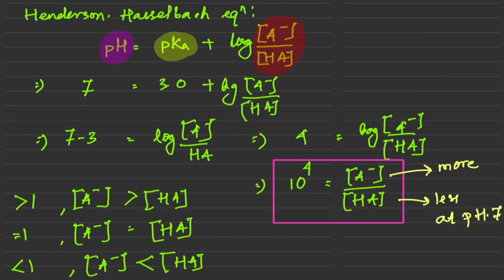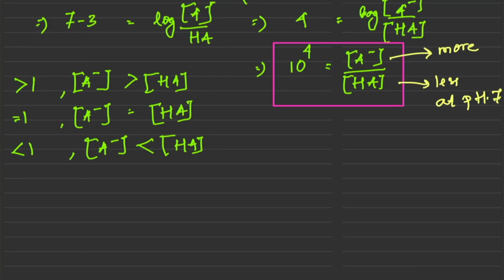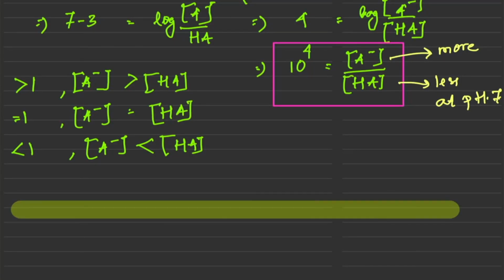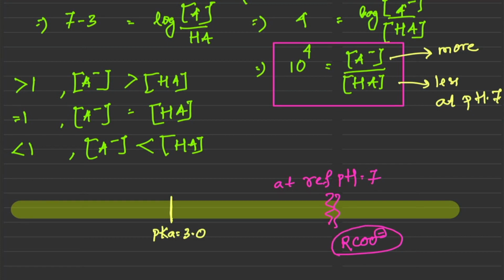So let's summarize our data. Let's draw a pH line. The pKa for this particular problem is 3.0. And this is our reference pH, which is 7. At the reference pH, we have more of our COO minus.